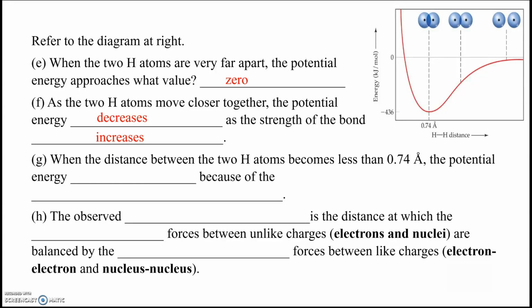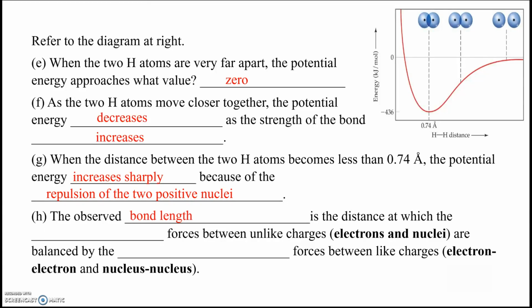Okay? When the distance between the 2 hydrogen atoms becomes less than about 0.74 angstroms, and that's going to be the bottom of that energy well there, you see in the diagram, the potential energy suddenly increases sharply. And the reason that it increases sharply is because the 2 nuclei are so close together, and they're both positive, they just repel each other.